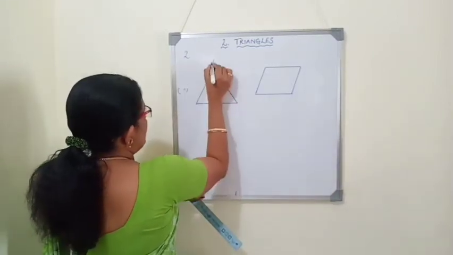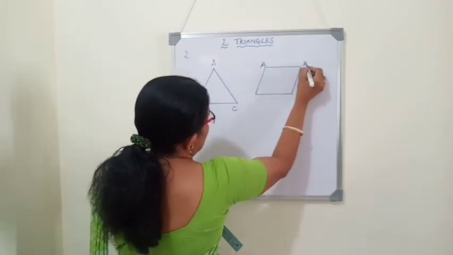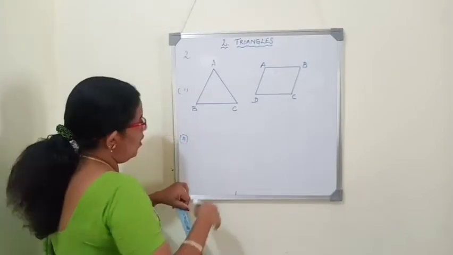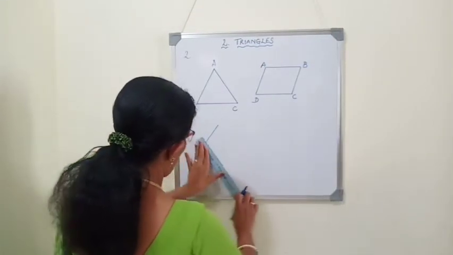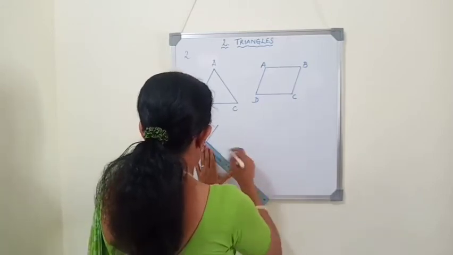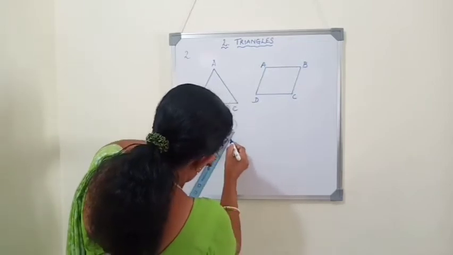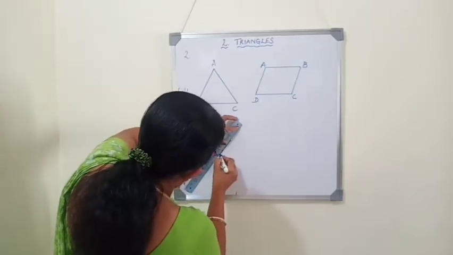Again, one more. Here it is. And here it is ABCD. They are non-similar figures. For the second case, we can take a rhombus. One rhombus and one trapezium.